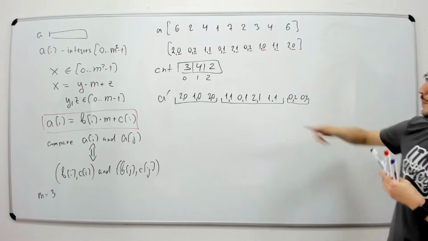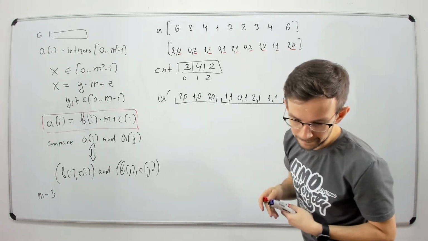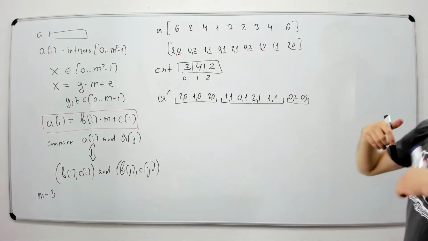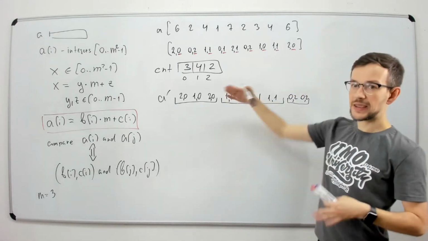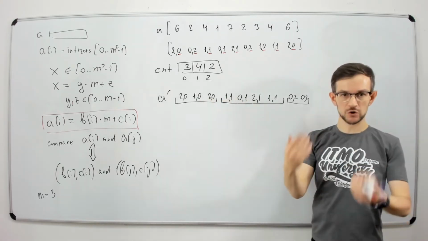So here we have the same array sorted by the second element of the pair. Yeah, that's right. We'll use stability. And now we make again the counting sort, but sort these pairs by the first element of the pair.